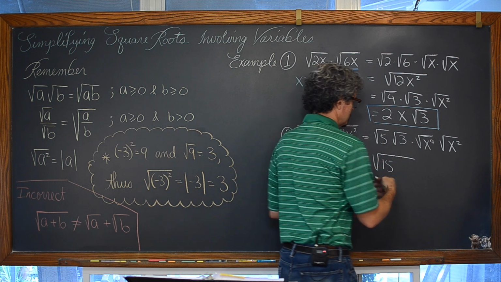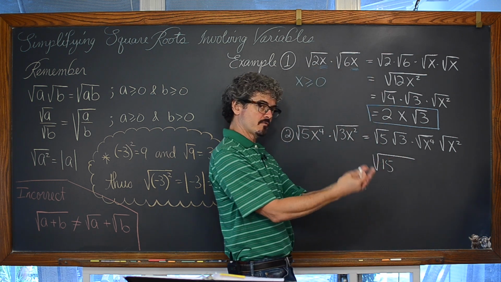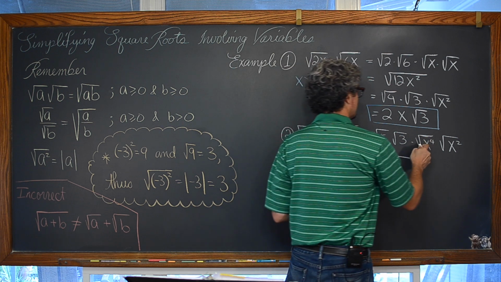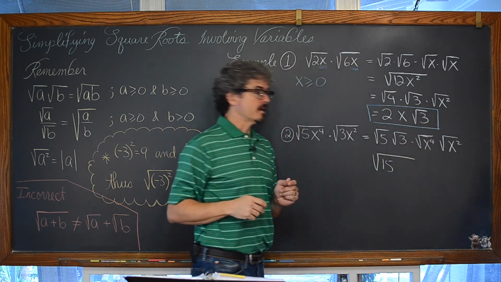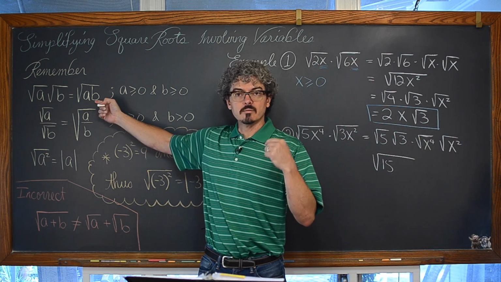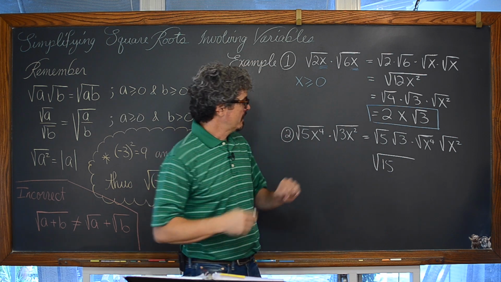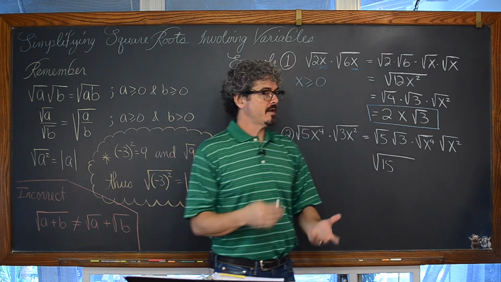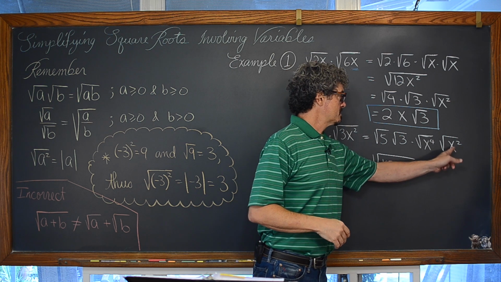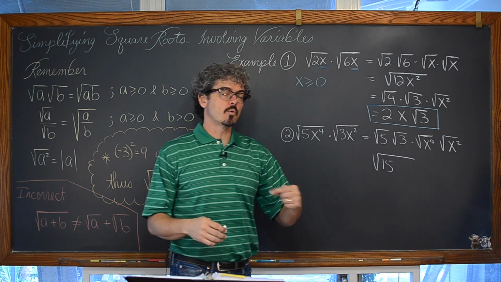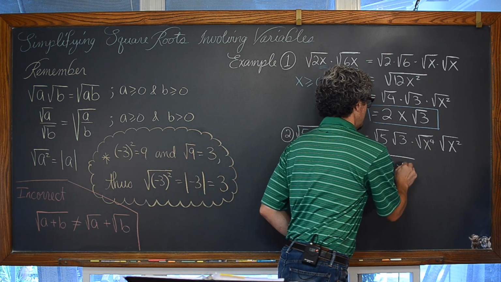You can leave this in pieces until we get to our final answer or put it all together. We have x to the 4th times x squared, again using that product property for square roots, and remembering that when you multiply like bases, you add the exponents. So x to the 4th times x squared is x to the 4 plus 2, or x to the 6th power.